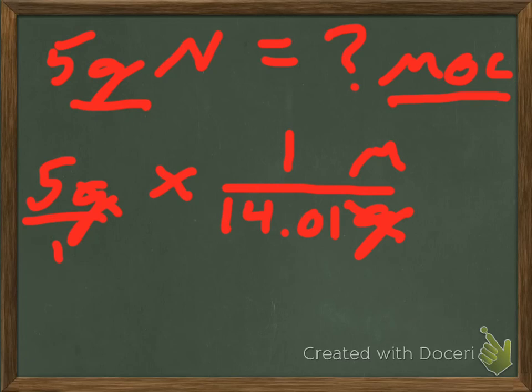Then I do my math: 5 times 1 is 5, divided by 14.01. On my calculator, I get a big long number, so we're going to round off to the nearest hundredth. And so it's 0.36 moles of nitrogen, which is my answer.